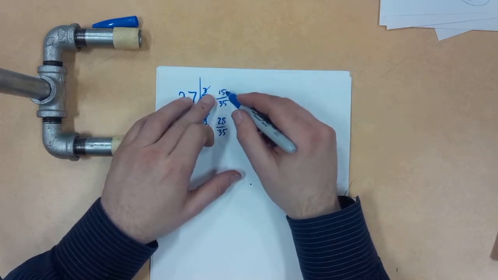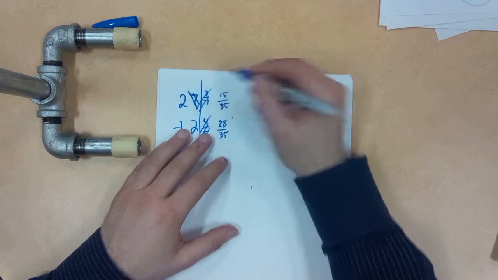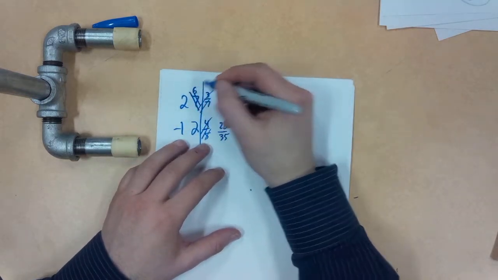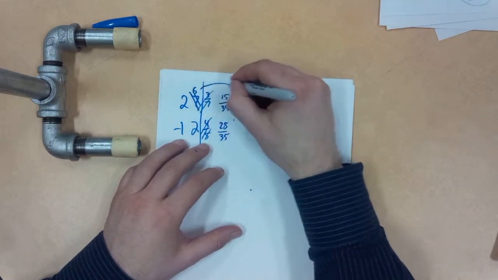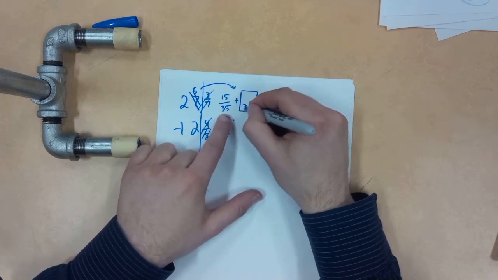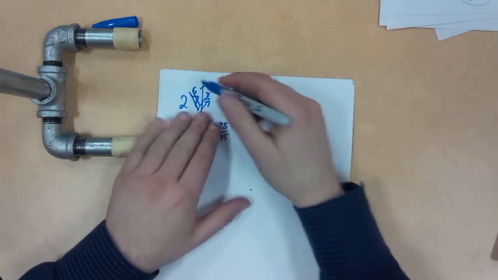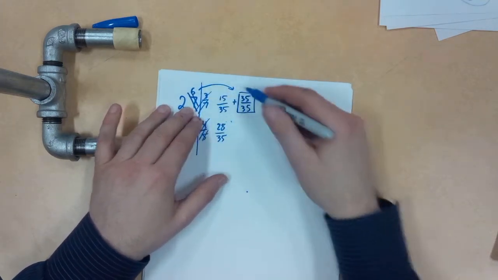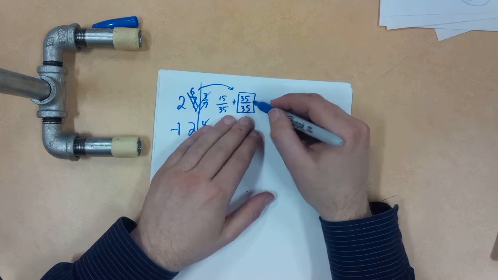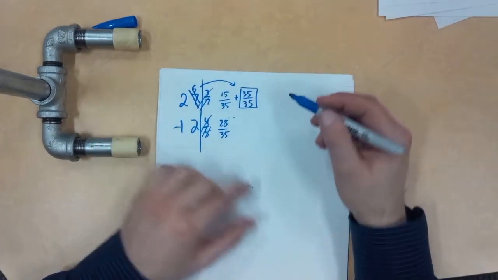What I only have is 15. So what I'm going to do is bust out one of these from the ones column, call it a 6, and instead I'm going to put that 1 in here. Now the thing is, I'm dealing with 35ths, so that's going to be a 35 over 35. So I took a 1 out of this change tray and I broke it up into here and I put it back. So this is my 1, I put back, I took 1 away from there.